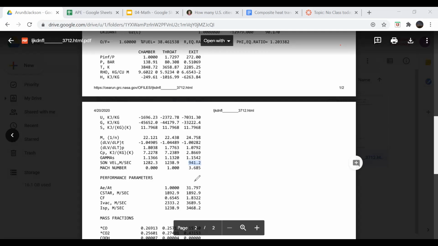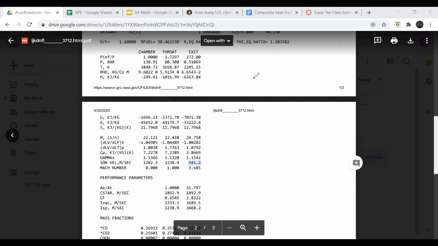Oh, actually, Arun and I were looking at this earlier, and for some reason, ISP, this is literally just the exhaust velocity. I don't know, it's weird, but yeah, so this times this equals 3,500-ish. That's usually not what specific impulse means, but this is how the CEA calculator is defining it.